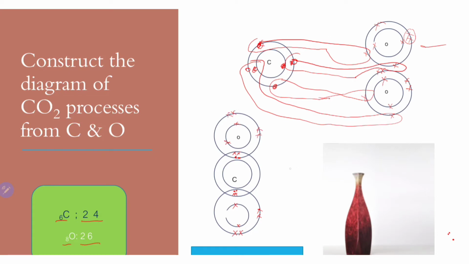So between C and O exists a double bond. One line indicates two pairs of electrons.